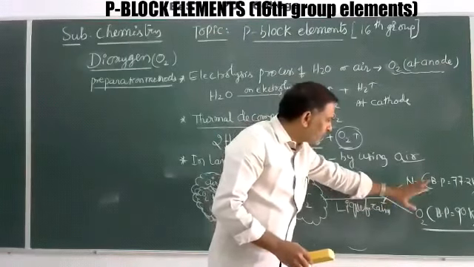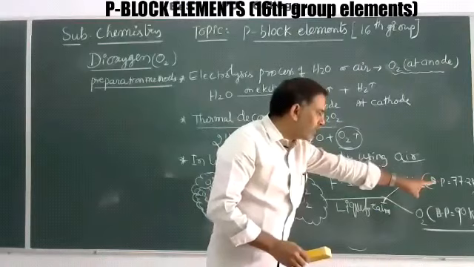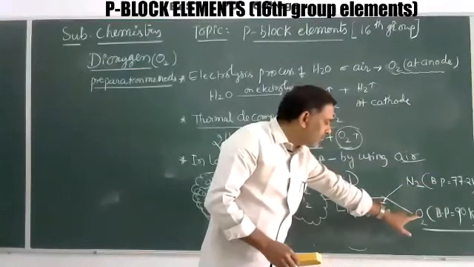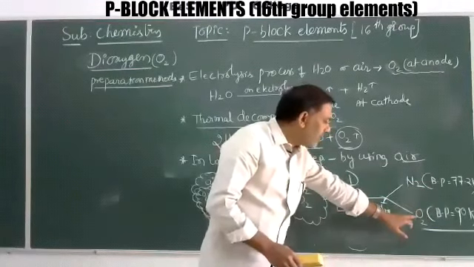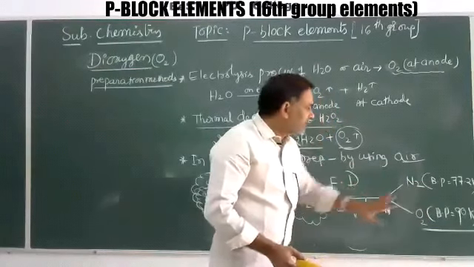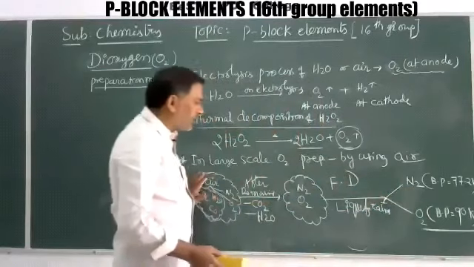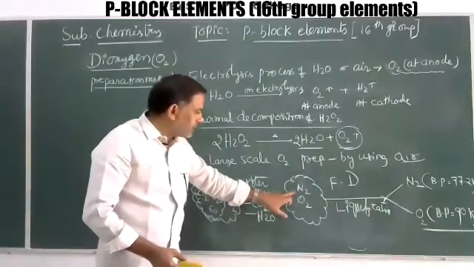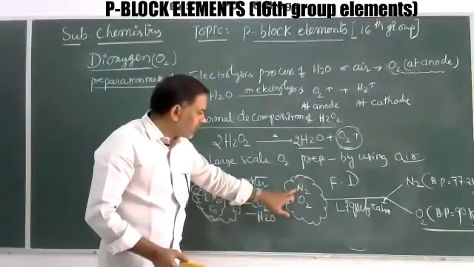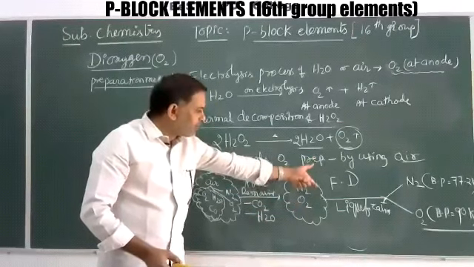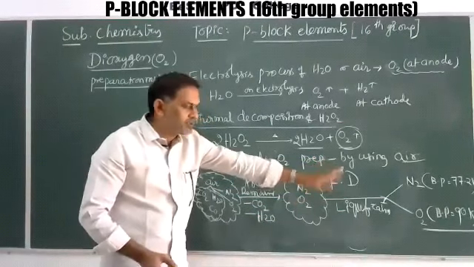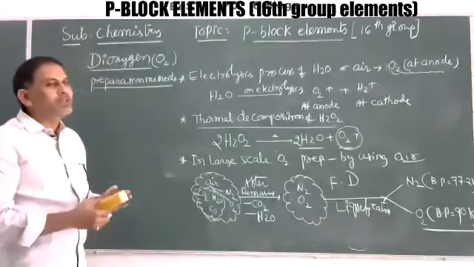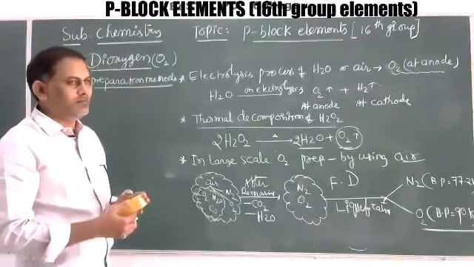Then after removing the nitrogen completely, we can easily separate oxygen, and collect the oxygen in cylinders. So the dry, pure atmospheric air containing nitrogen and oxygen is separated by fractional distillation and liquefaction. These are some important methods to prepare dioxygen.